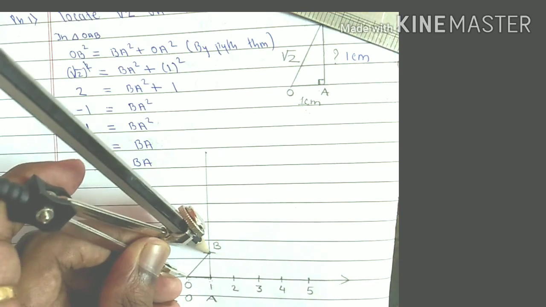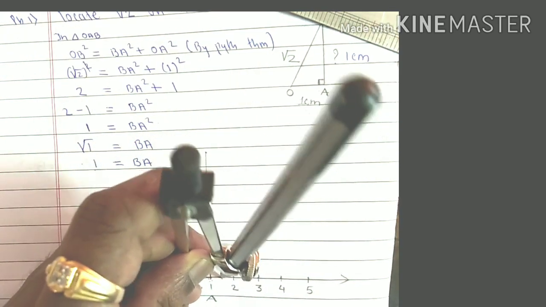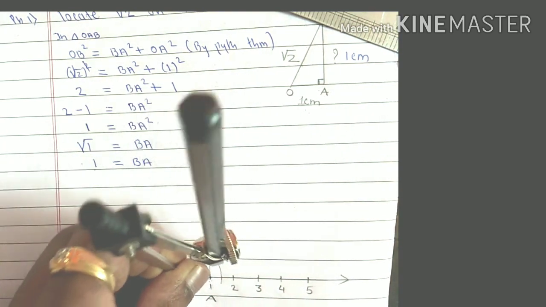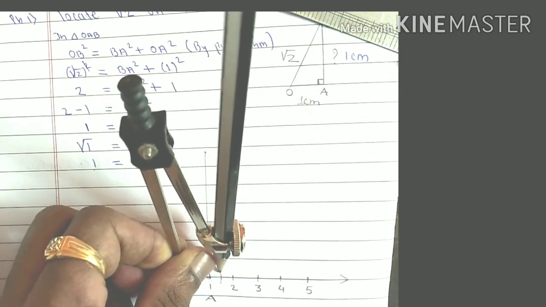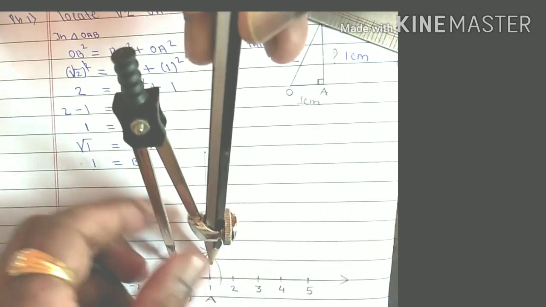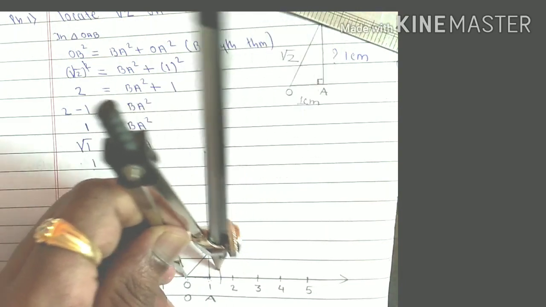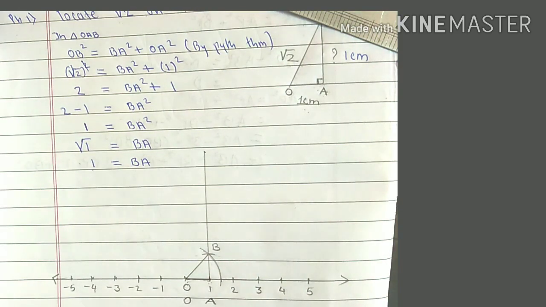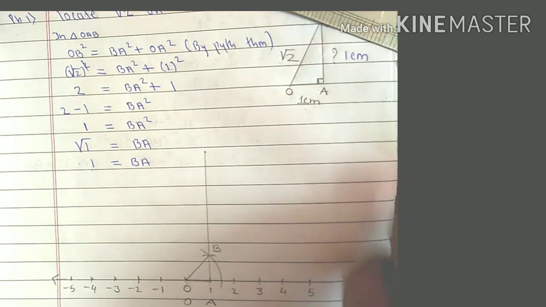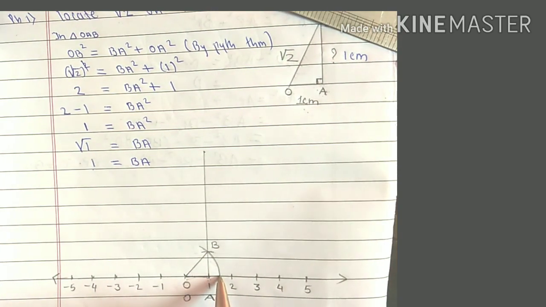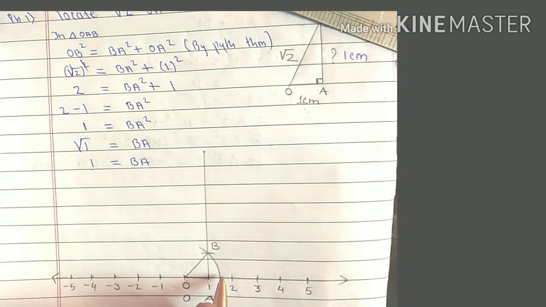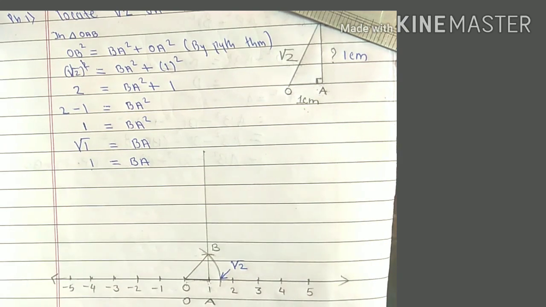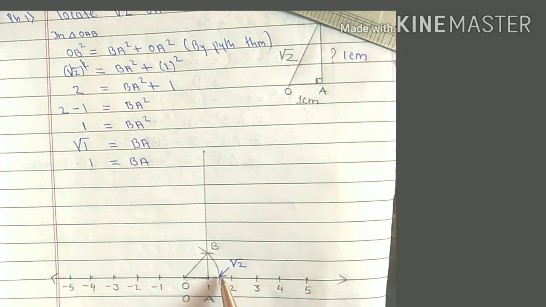And after measuring, draw an arc which will cut your number line. And this point where it is cutting your number line, that point is your root 2.